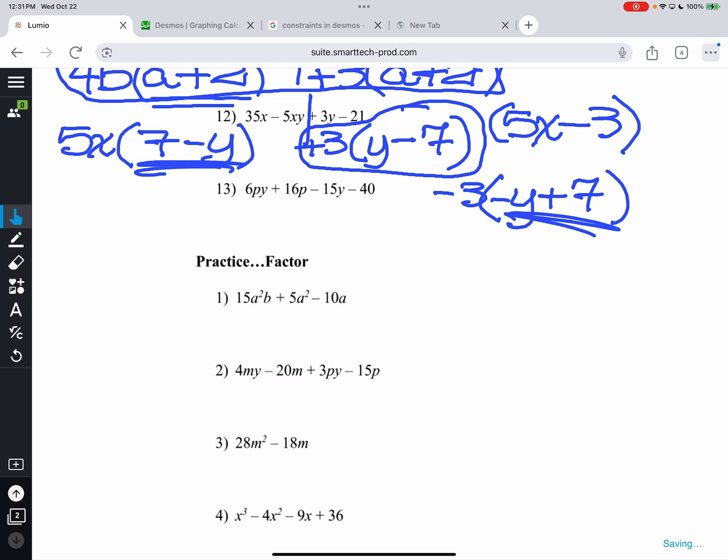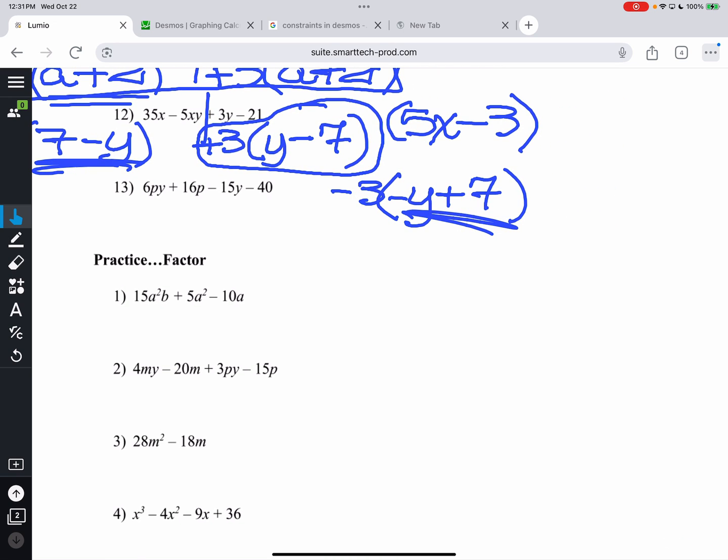Good. And then for this problem, you could pick either way. Personally, this is just me, I like the first number to be positive. You could pick the -7, -y plus 7. I'm just going to go with 7 minus y. It'll get you to the same answer.